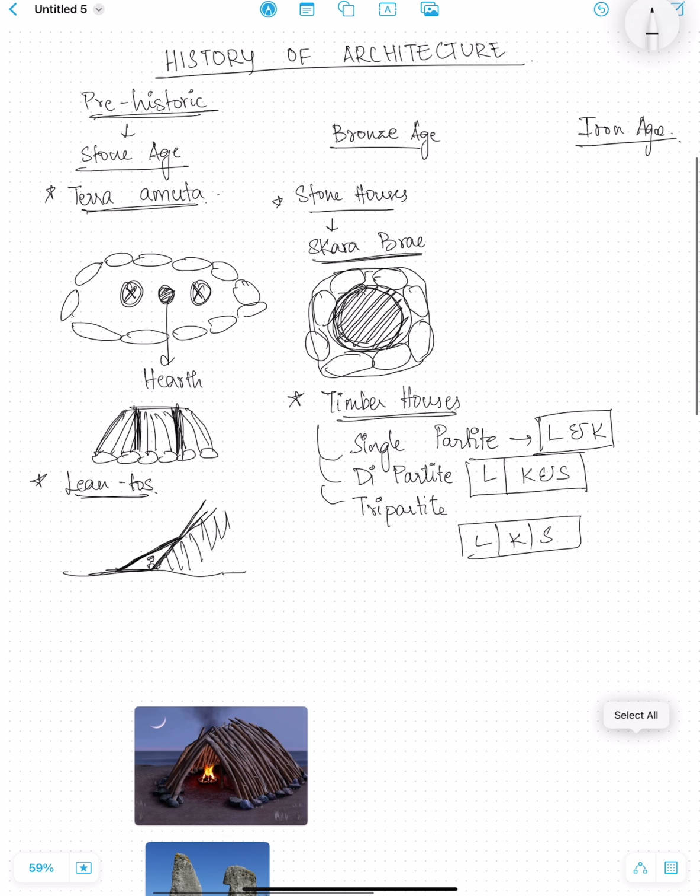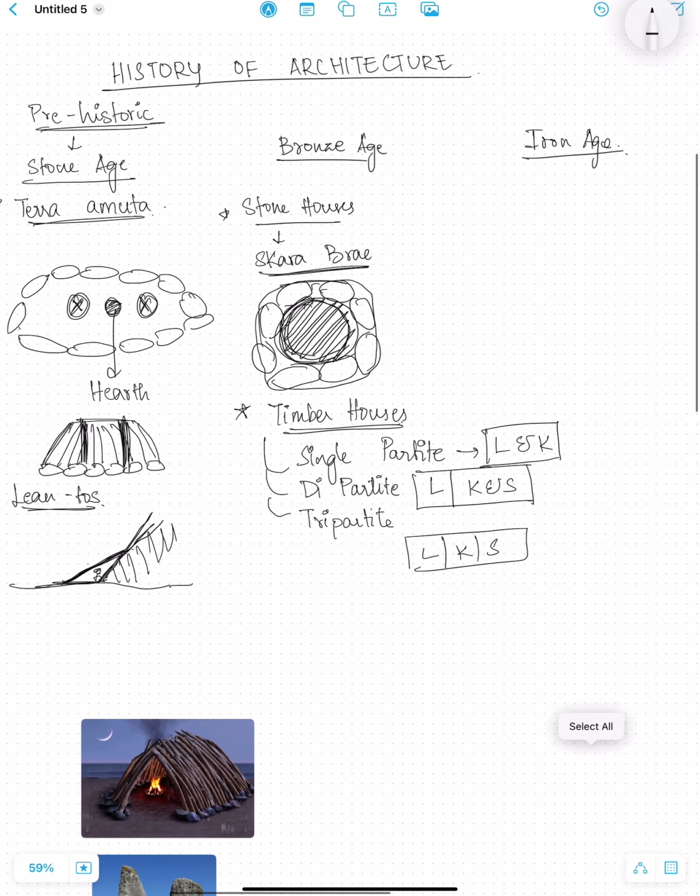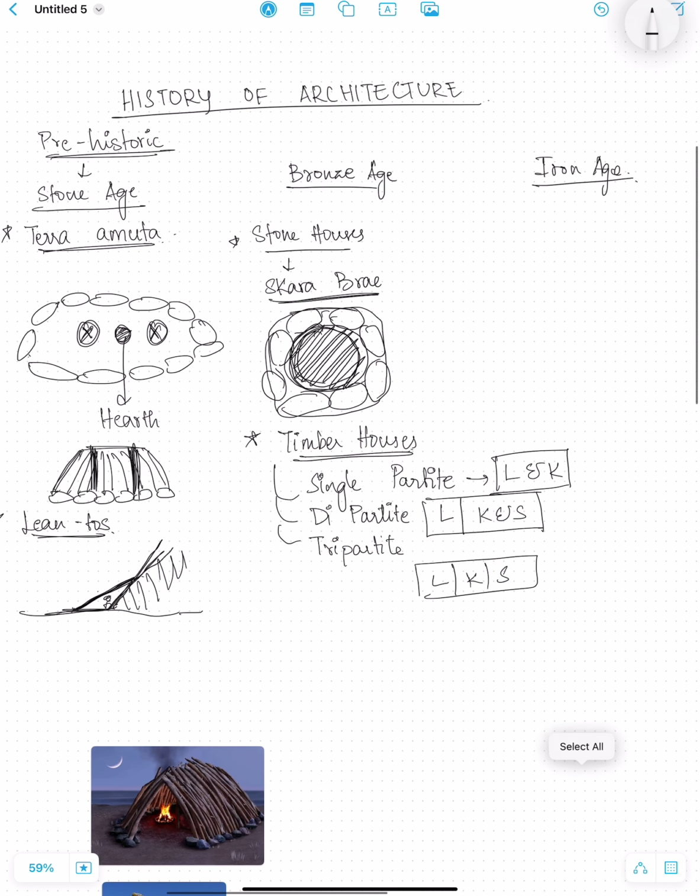Apart from these shelters, they also had other forms of structures in Stone Age, which were menhirs, which were freestanding monolith stones, something of this sort. Then they had dolmens.